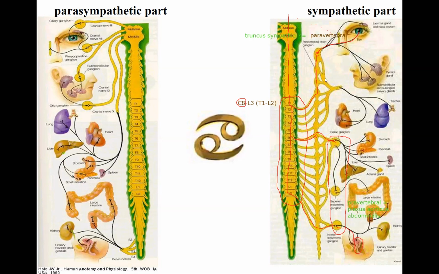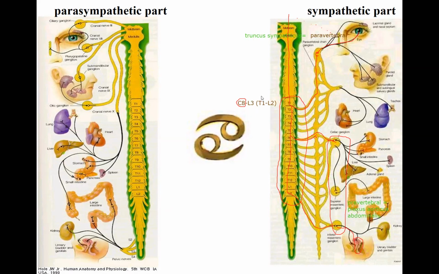Another important piece of information is that the ganglia are very close to the spinal cord, so they are located centrally. If you look at the parasympathetic system, they are located much more in the periphery. So these are the most important morphological information about the sympathetic system.